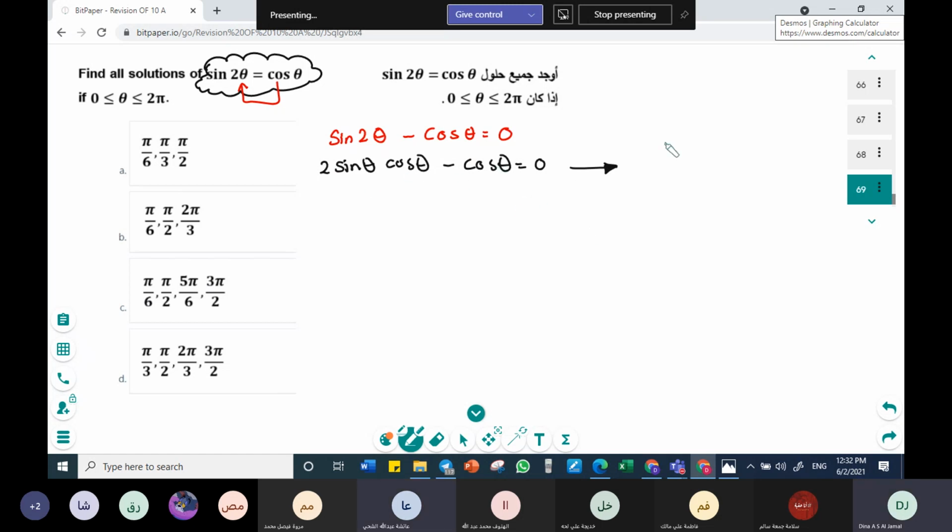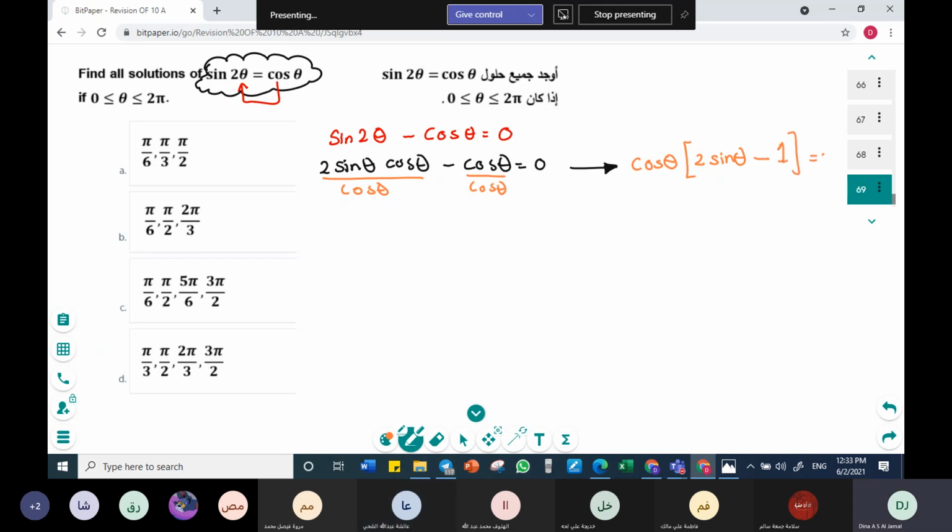Look at both terms. Do I have cosine theta? Excellent. The common factor is considered a value that you will be dividing both sides by. So what will be remaining in the first part? 2 sine theta. What about the other side? Minus 1. Excellent.